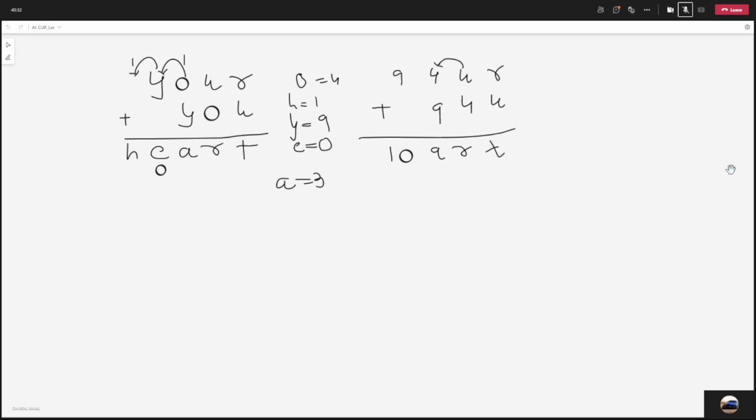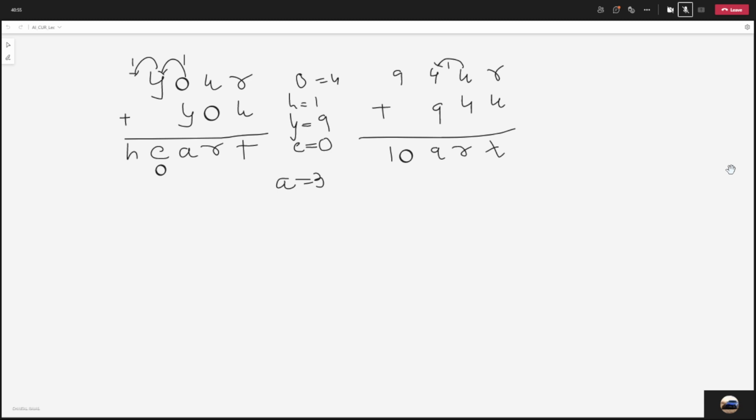Suppose there is a one carryover from this place to this. Then 4 plus 1 is 5, 5 plus 9, and we get the value of a equals 4. This is not possible because it will conflict with o equals 4. So a equals 4 is not possible.